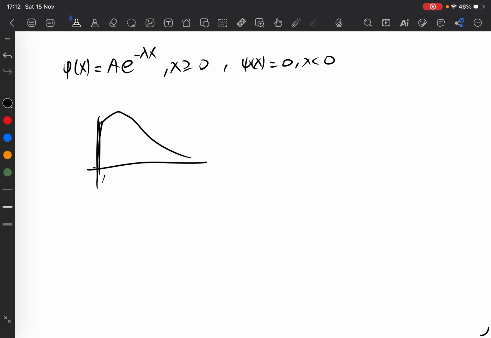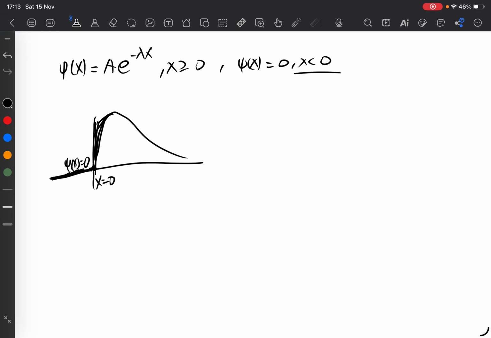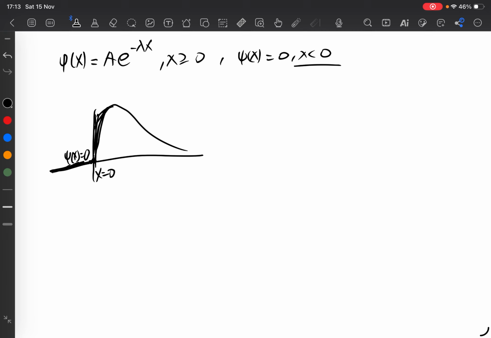When x is smaller than 0, the wave function is just going to be 0. And it wants us to normalize, and the function is like this when x is greater than or equal to 0.